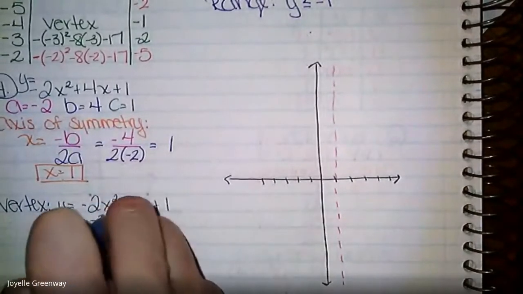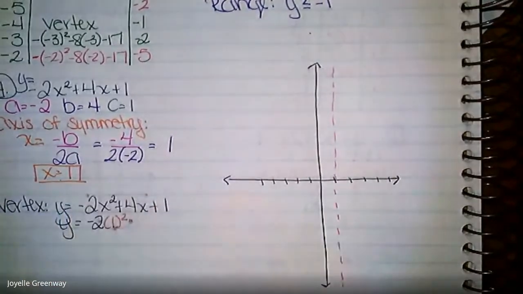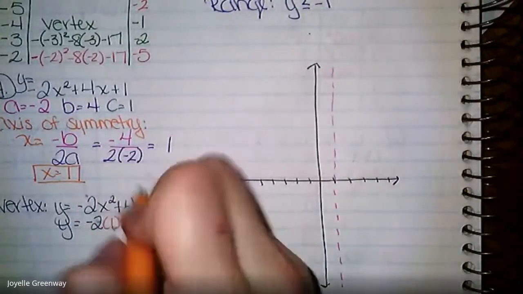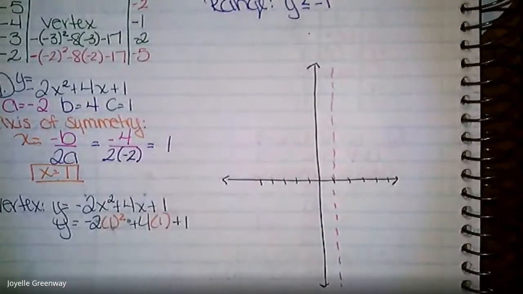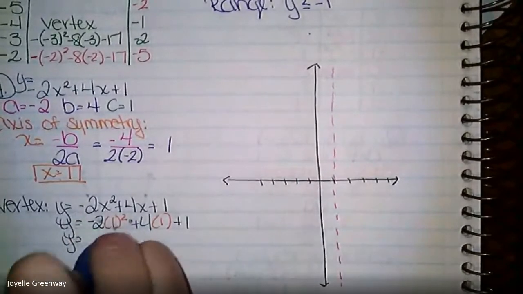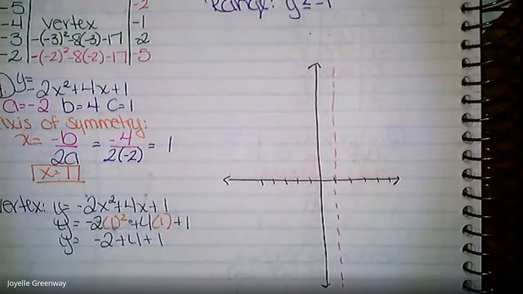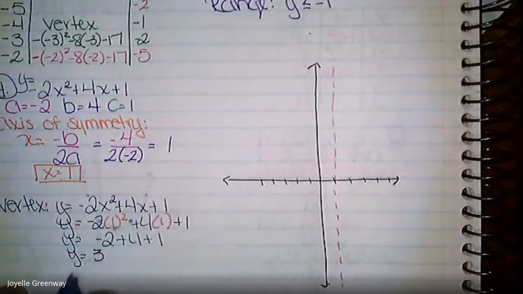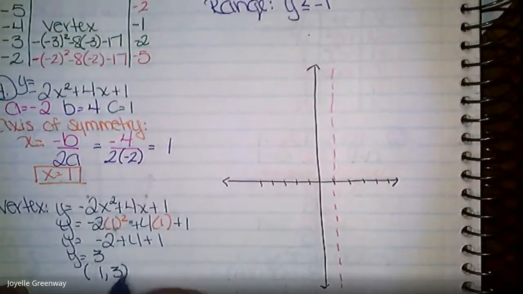So y is equal to -2 times 1 squared plus 4 times 1 plus 1. So I have -2 plus 4 plus 1. So -2 plus 4 is 2. 2 plus 1 is 3. So y is 3. So our vertex is at 1, 3.